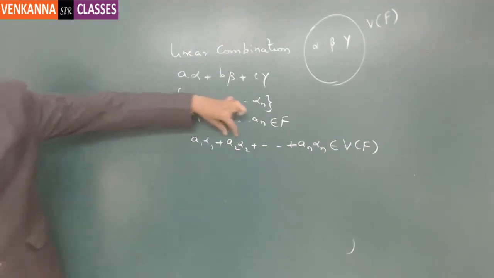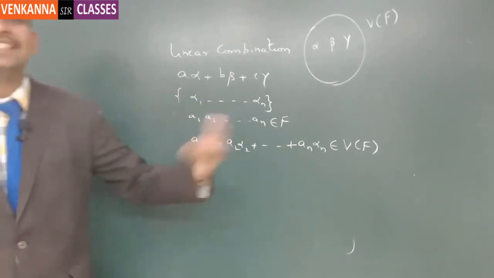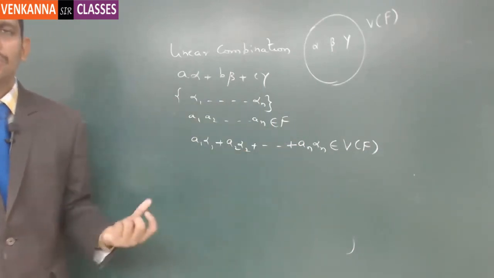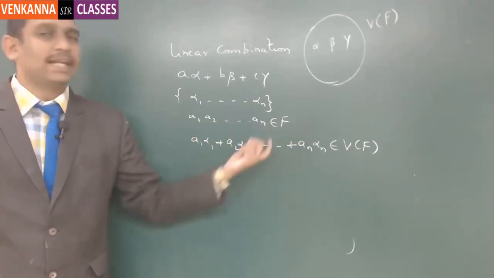So this is a vector, this is a vector, this is a vector. If you add all these vectors, the result is nothing but a vector. So this type of notation is called linear combination.